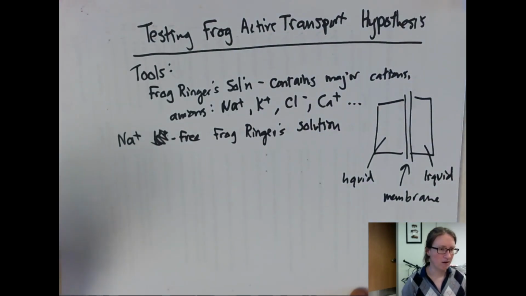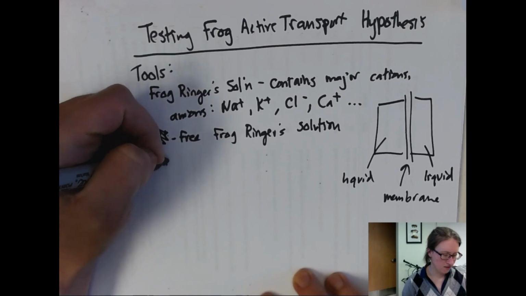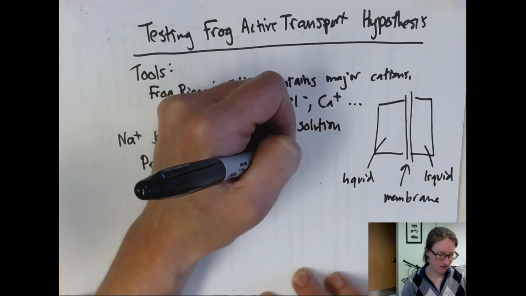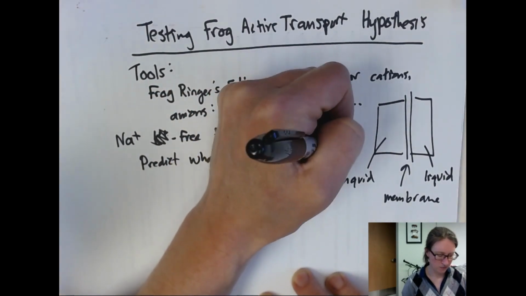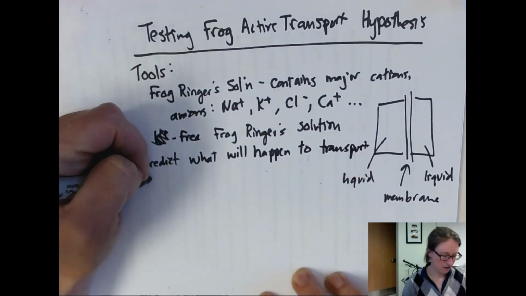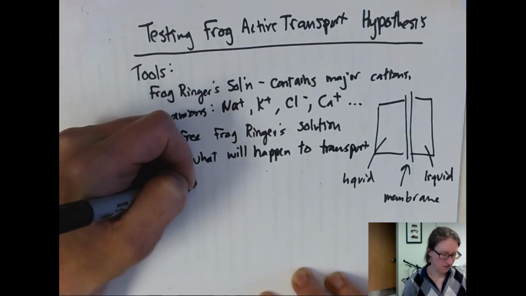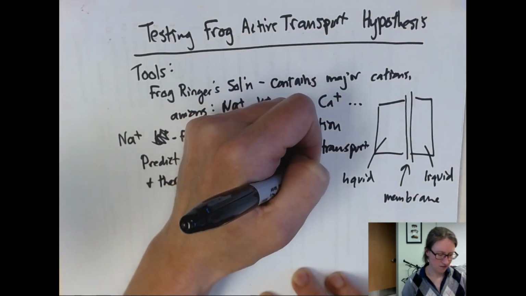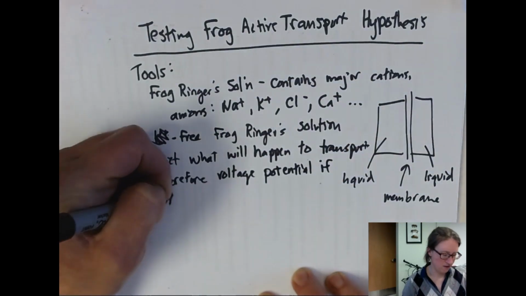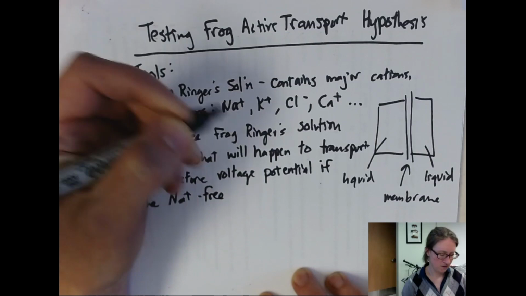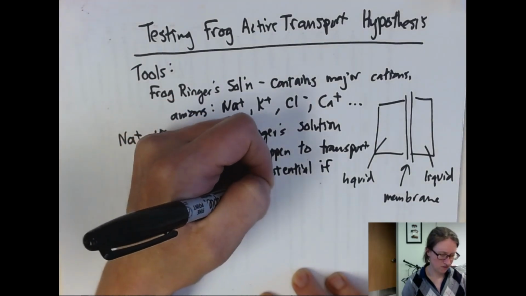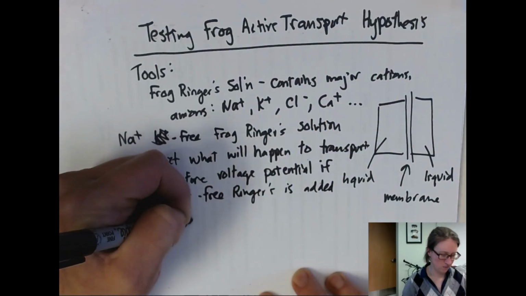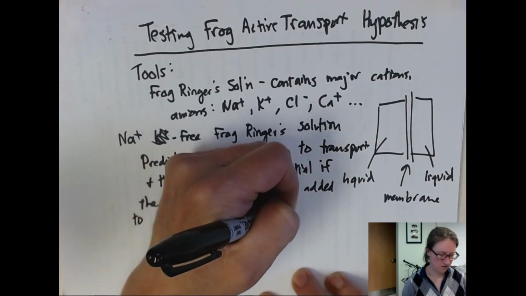And so what I recommend doing is predict what will happen to transport, and therefore the voltage potential, if the sodium-free ringers is added to one or the other sides.